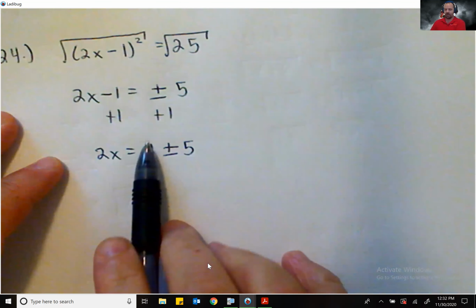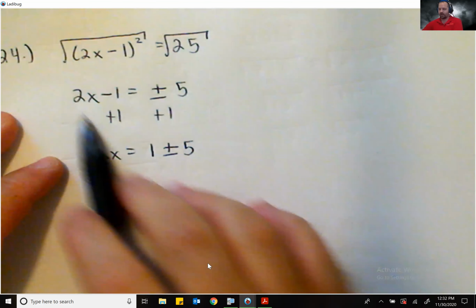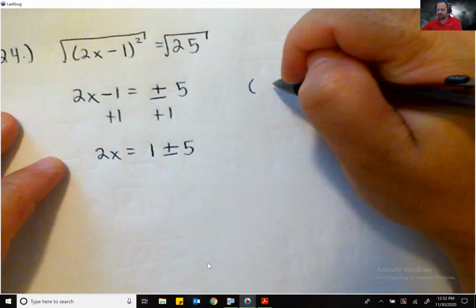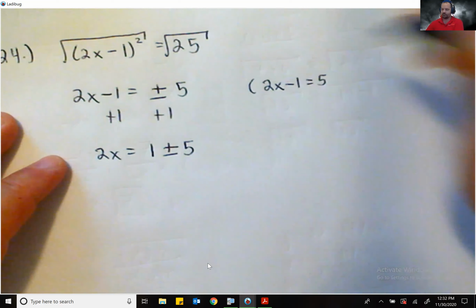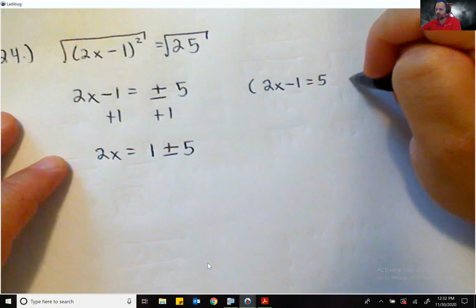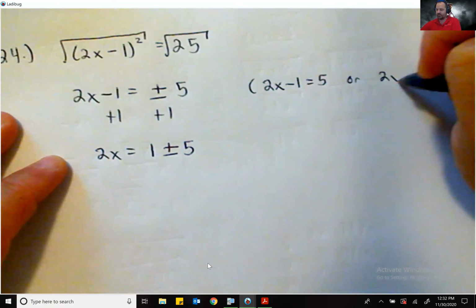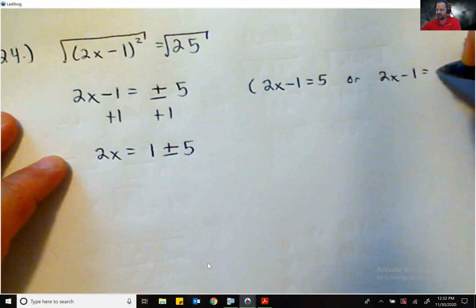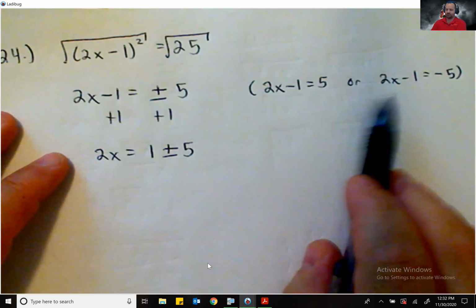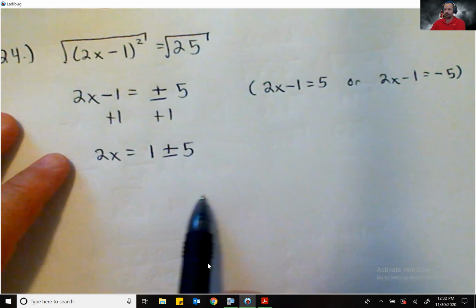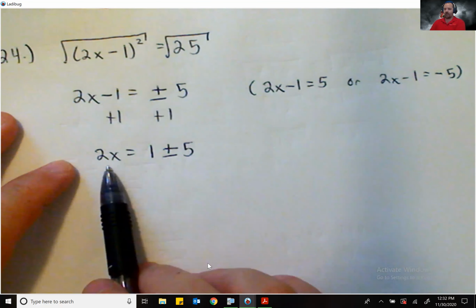Can't put those together yet because what you really have going on here is like two equations. You have 2x minus 1 that equals a positive 5, or you have 2x minus 1 that equals a negative 5. So you could separate it out and solve two separate equations, but I like to solve it together.